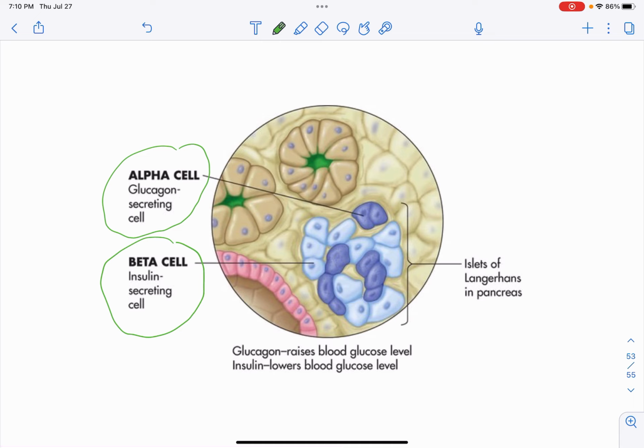And the cluster of these two cells together form what's called, and again, this has to do with the person that identified it, islets of Langerhans. Islets of Langerhans, okay?